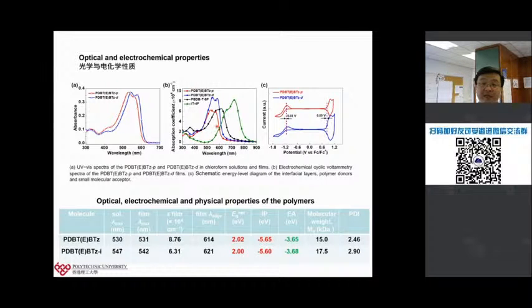And for the devices we make, the backbone system, the star system, is this PBDB-TSF, the black one, and the acceptor is IT4F here. And we have our two new polymers on the left here. The band gaps are about 2.0 eV.